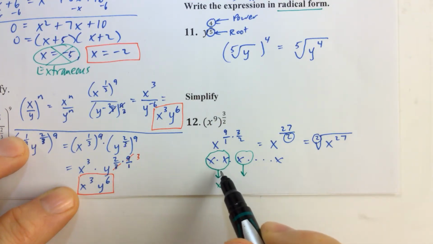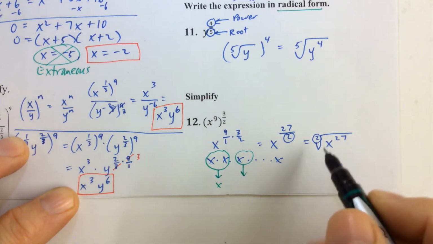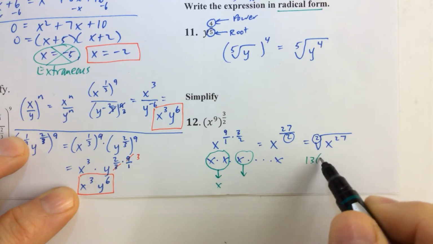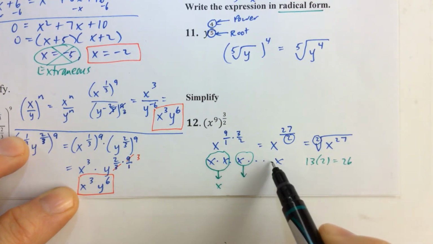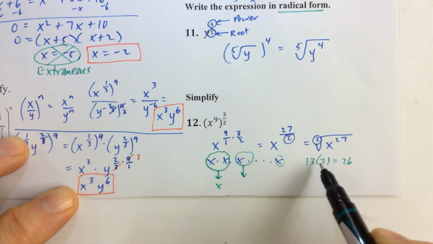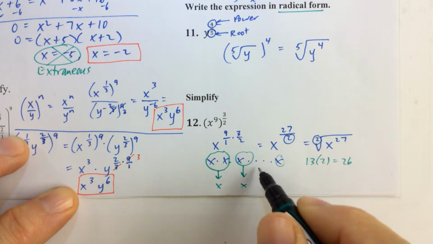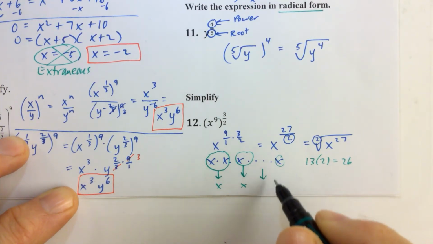Then there would be, think about it, 13 groups of 2 x's. So 13 groups of 2 x's would give us 26 x's. And if we had 26 x's plus one more, it's 27. So if we have 27 x's lined up, then we have 13 pairs of x's that we take out.